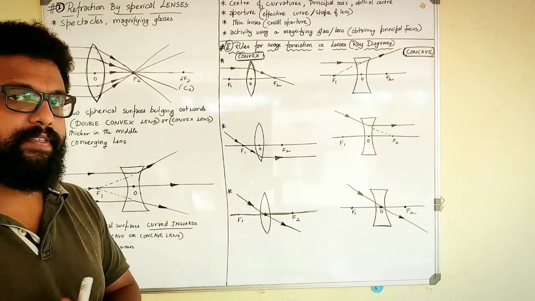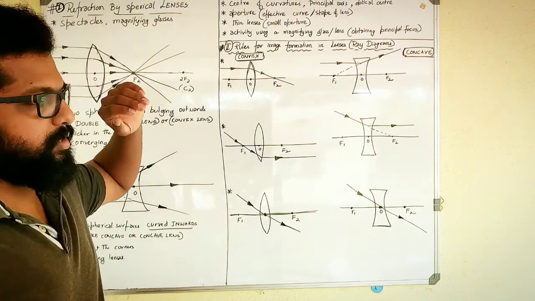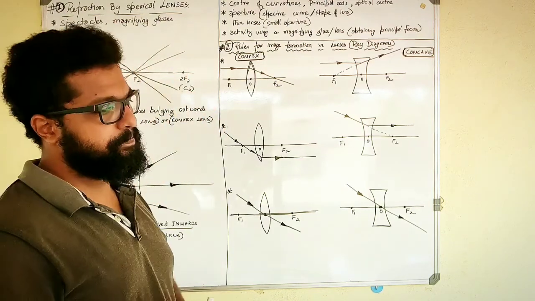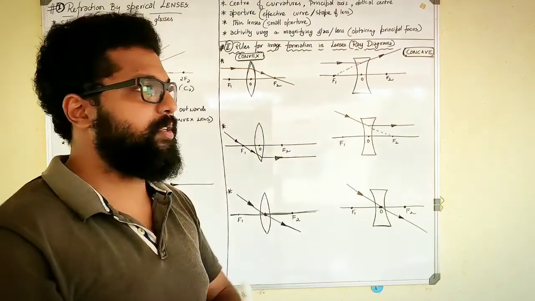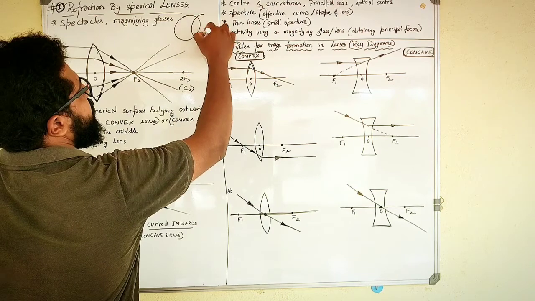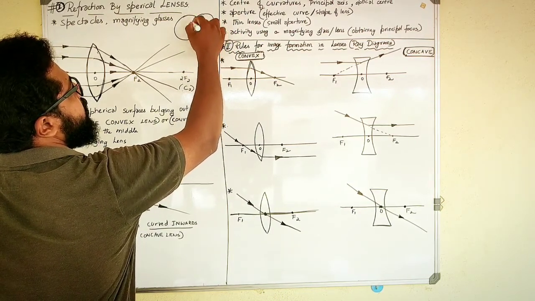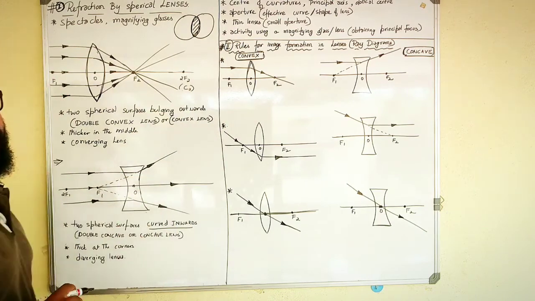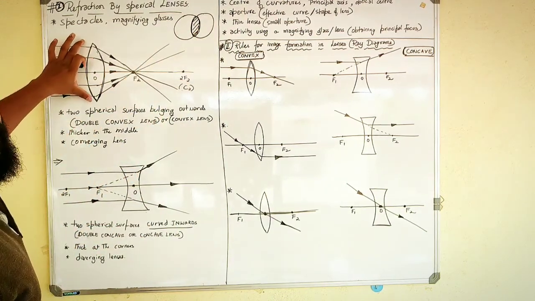So you all have seen a lens, and now to understand what a spherical lens is, it's nothing but imagine two big spheres coinciding with each other, and this common portion forms a thick glass piece, and that itself is nothing but a lens.